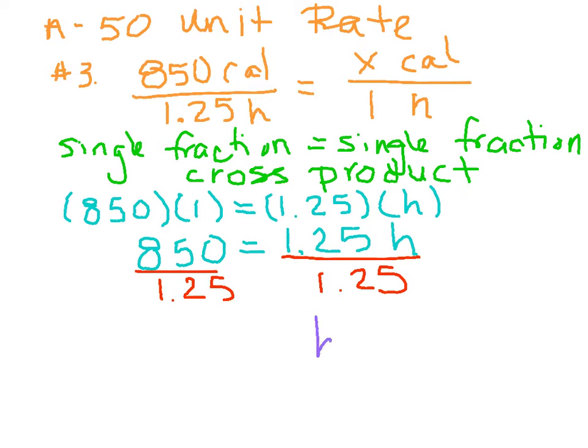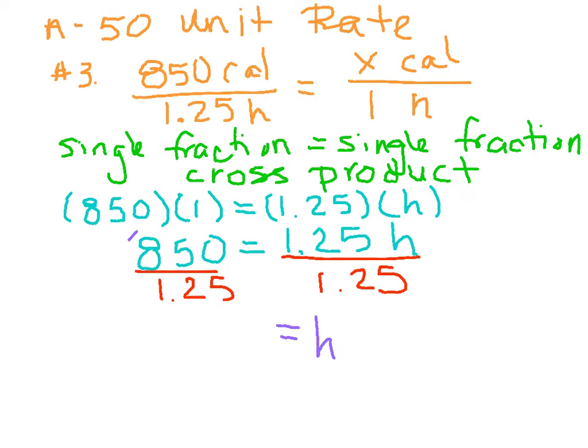So I'm going to get H is equal to, and now you need to stop and think a little bit, guys. If I take 850 and I divide it by 1.25, the question I should be asking myself is, am I going to end up with more or less than 850? Since I'm dividing by more than 1, this is going to work out to be less than 850.